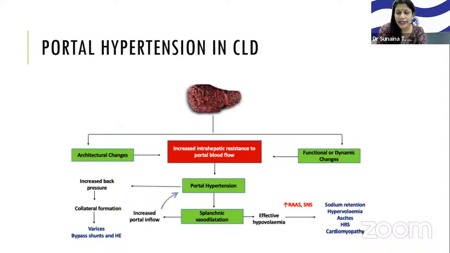The reduced effective volume is sensed by the kidney, which activates the renin-angiotensin-aldosterone system and the sympathetic nervous system, which leads to that vicious cycle. There is hypervolemia, water retention, sodium retention, and there is only so much capacity in the peritoneum or the lymphatics of the abdomen to absorb this fluid which is getting secreted. That is why ascites happens, right? And because of the pressure, varices happen. Okay, please move on.